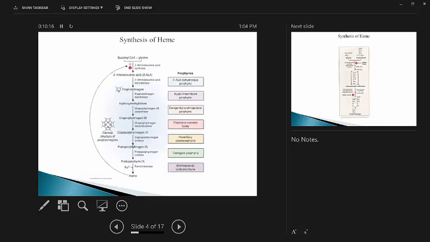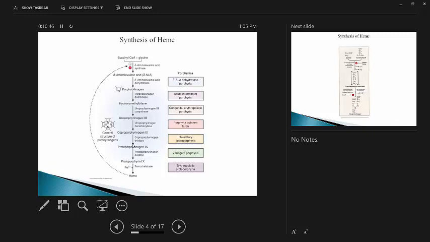Now it gets a little confusing because for each of the enzymes, save this one, which is the first synthetic enzyme, you have a deficiency disease that corresponds to each of the deficiencies of the enzymes. The group of diseases that you get are called porphyrias.